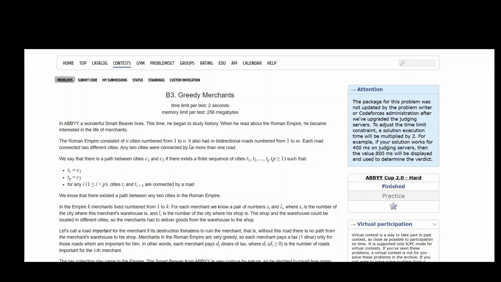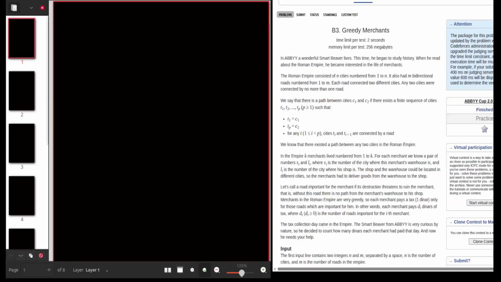this problem. Coming to the problem statement, the Roman Empire consisted of n cities and m bidirectional roads. So it's like a graph with n nodes and m bidirectional edges.